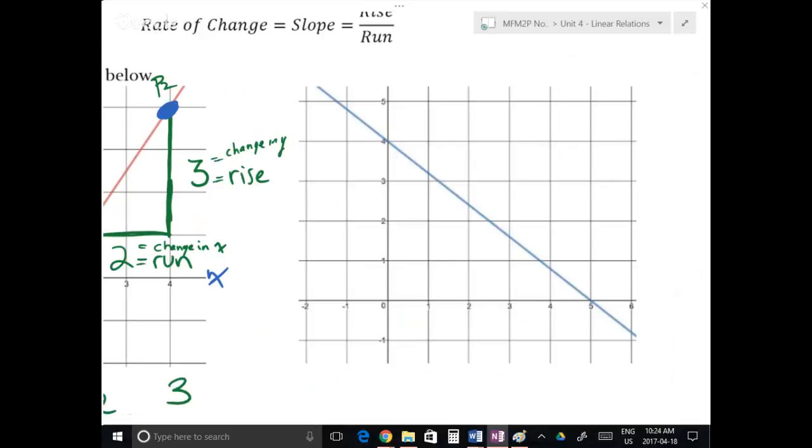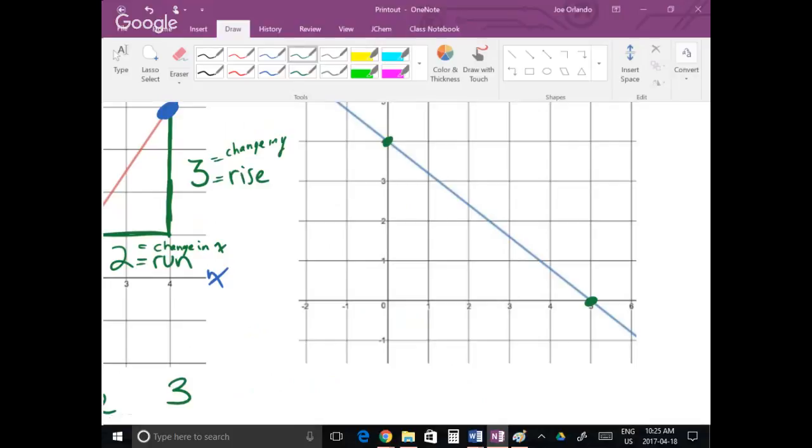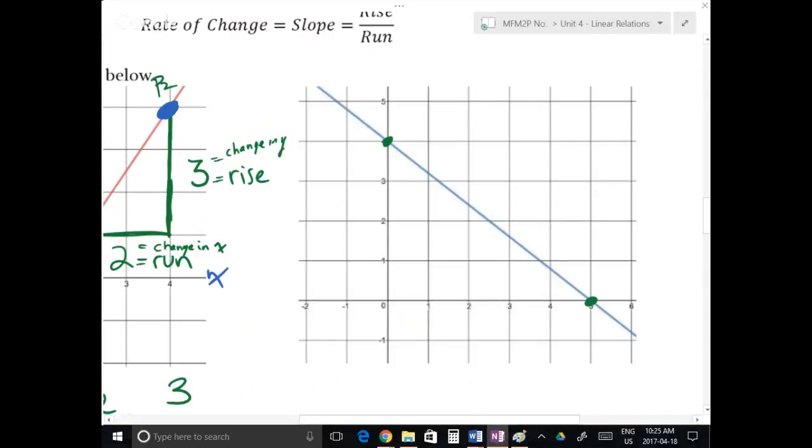Okay, let's look here. Miss Fortin, what'd you pick for points? Up here at 0, 4: 0 on the X, 4 on the Y. And 5, 0: 5 on the X, 0 on the Y. Okay. What do I do next?